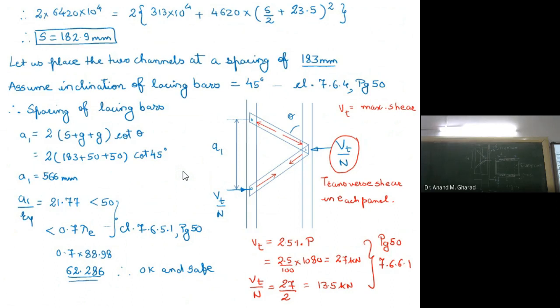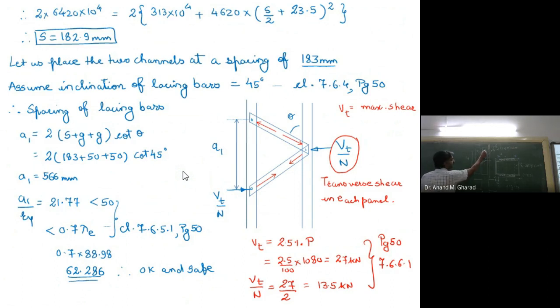I will be uploading this PPT today itself. Achha, one more thing. See, this lacing which we have provided, as per your IS 800, it recommends that the lacing flats, whatever you are providing, should be mirror image. That should not be alternate. Meaning of this is, if I am providing lacing on the front face like this, on the back face it should be like this itself, a mirror image of that.